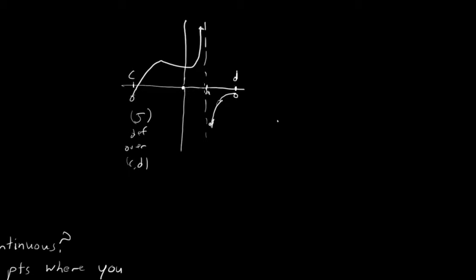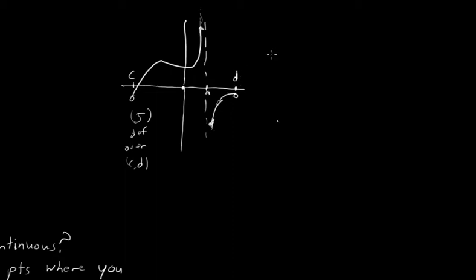Hopefully you can tell that there is really no way to redefine this function at x equals a in order to be able to draw it without lifting your pencil off the paper. You can put the function value at a anywhere, and you'd still have to lift your pencil off the paper to get from, say, positive infinity out to negative infinity.